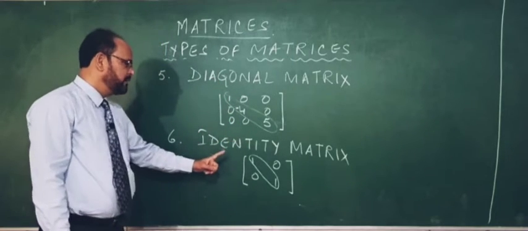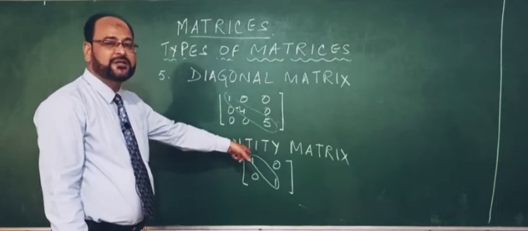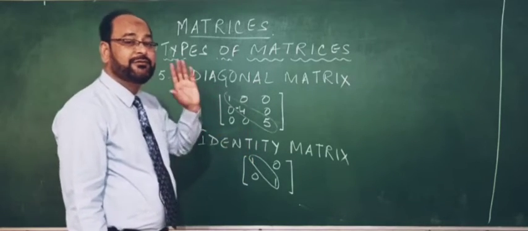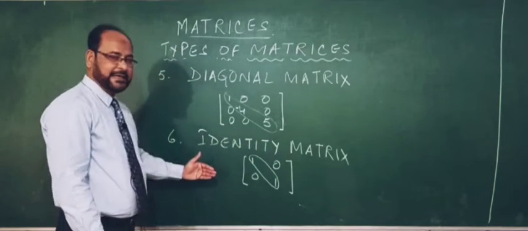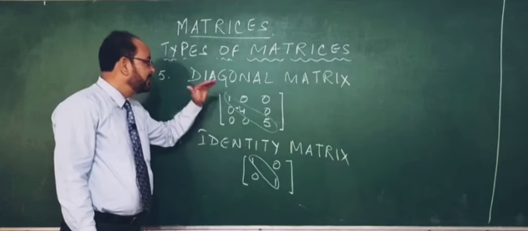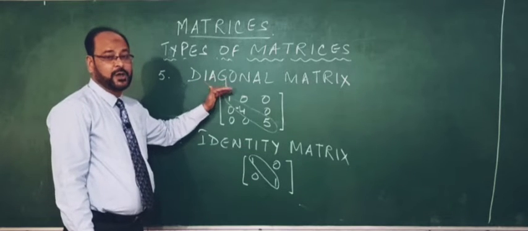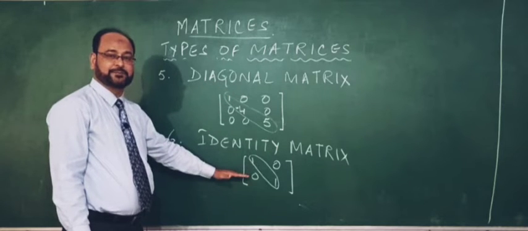But in identity matrix, the elements on principal diagonal must be 1 only, not other than 1. So we can say that all identity matrices are diagonal matrices also, but all diagonal matrices are not identity matrices.